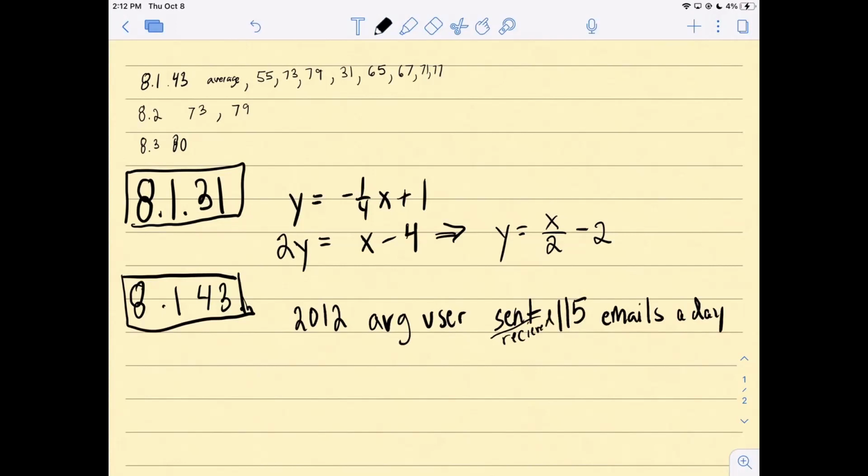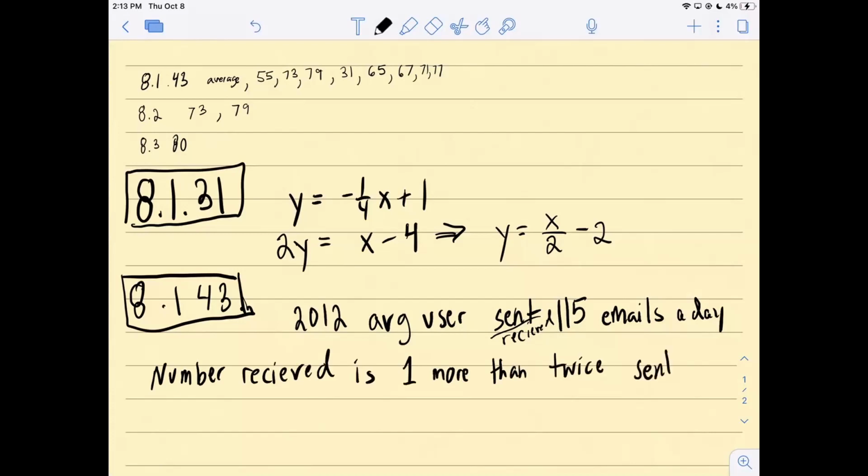The number received is one more than twice the number sent. The question is, how many were sent?